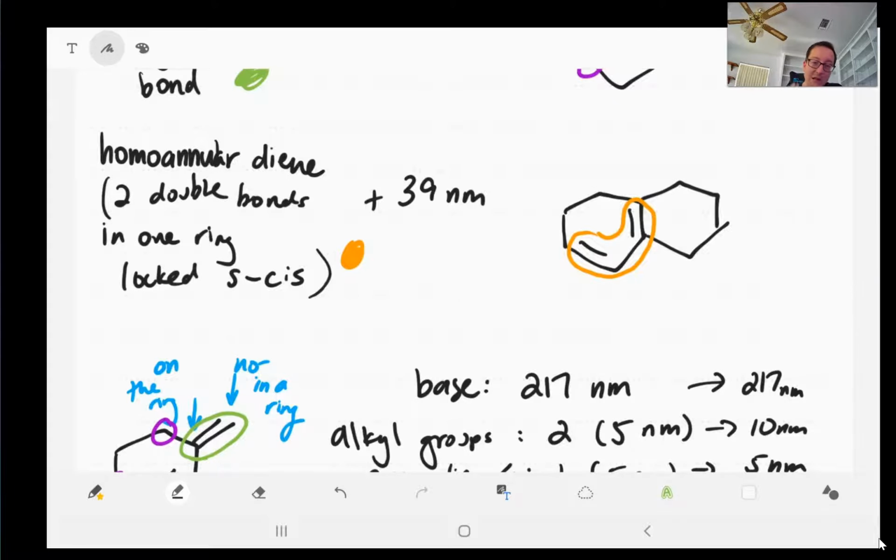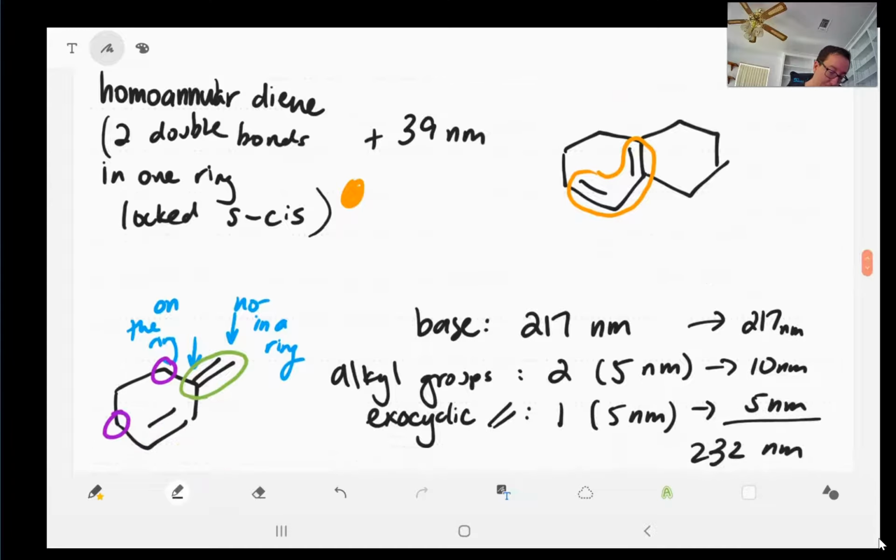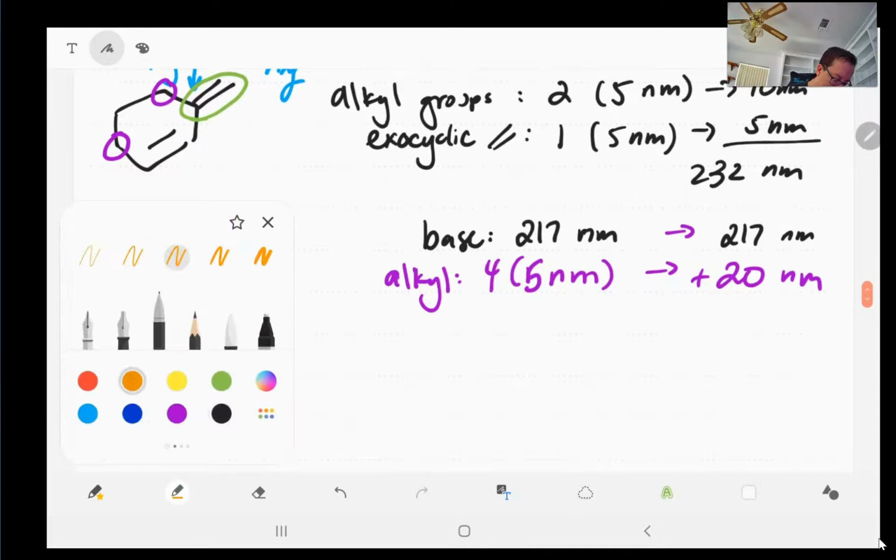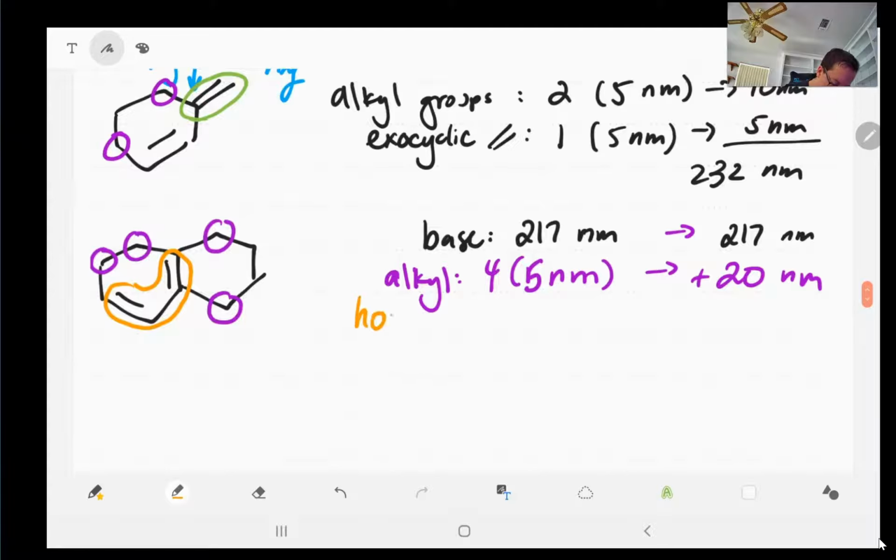We have two double bonds locked in cis conformation within a single ring, and so we're going to have that here. So we're going to add 39 nanometers.